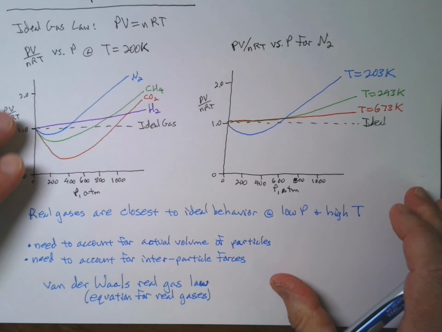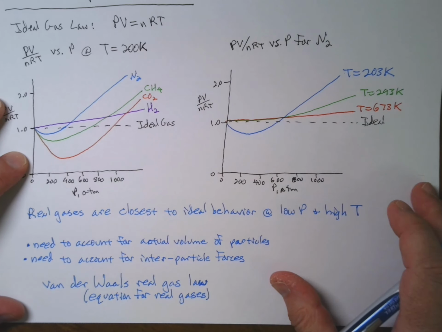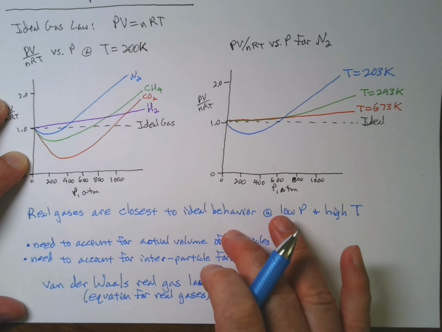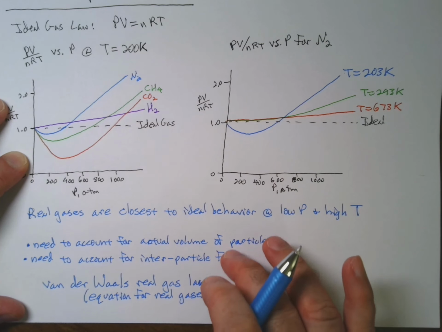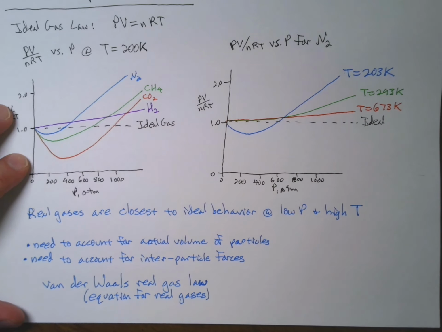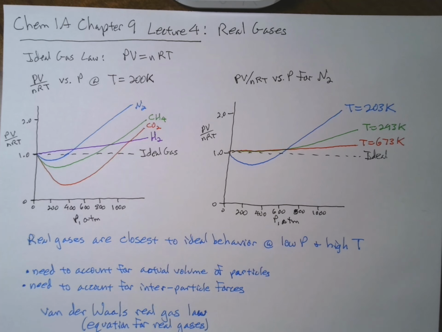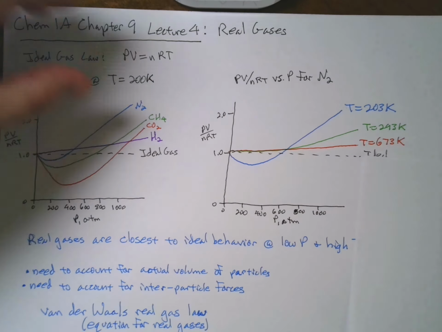And it's based on kinetic molecular theory that we're going to have to make these changes to the ideal gas law in order to account for the assumptions that we made. So let's take a look then at how we do that. The first thing that we need to do is do the volume correction.